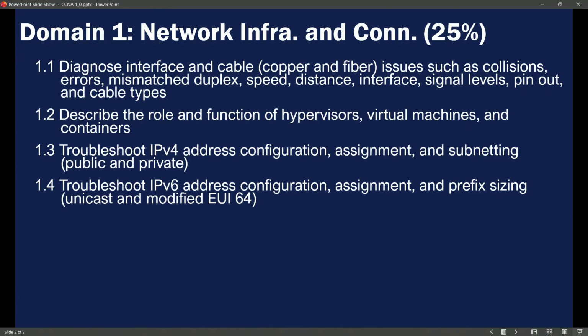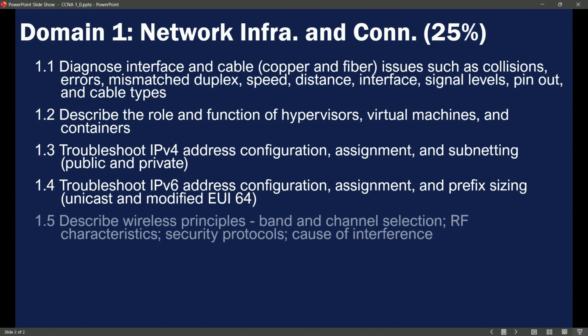Notice IPv6, same deal. We're going to be troubleshooting it in the exam. And in order to troubleshoot it, we better know it really well. The next section is standard. It's just the basics of wireless principles. Yeah, we'll look at band and channel selection.